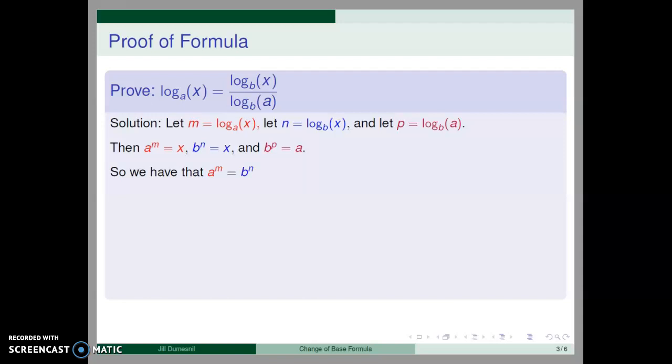We then get that a to the m is equal to b to the n, since both of these equal x. And we also have that b to the p equals a. Then substitution yields that b to the p raised to the m power, substituting b to the p for a, equals b to the n. Using laws of exponents, we have that b to the pm equals b to the n.